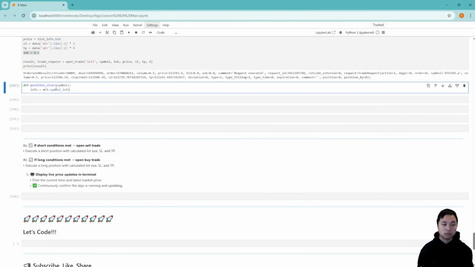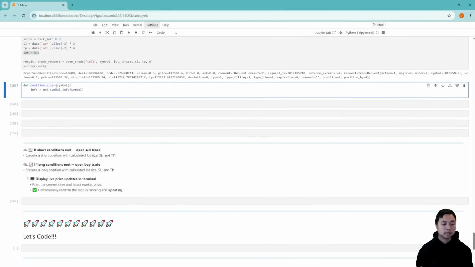So retrieve some information from the symbol first, and then we would like to have the tick value. This tick value determines how much price move per tick.